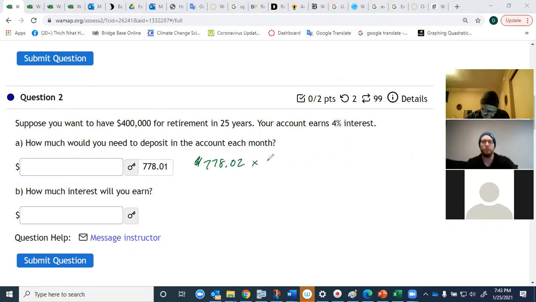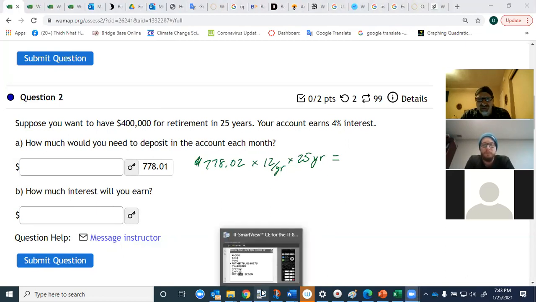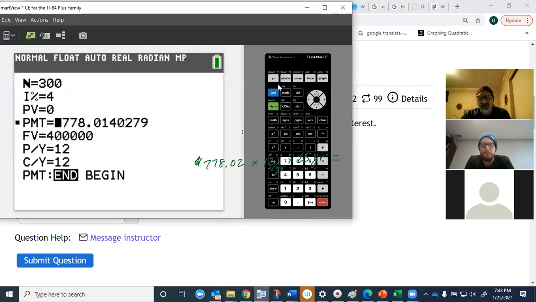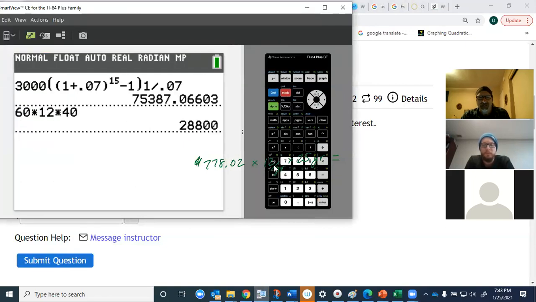But anyway, we're going to do that 12 times a year, right? 12 times per year times 25 years. So let's do that on our calculators. 778.02, so now I have to go second quit. 778.02 times 12 and times 25.